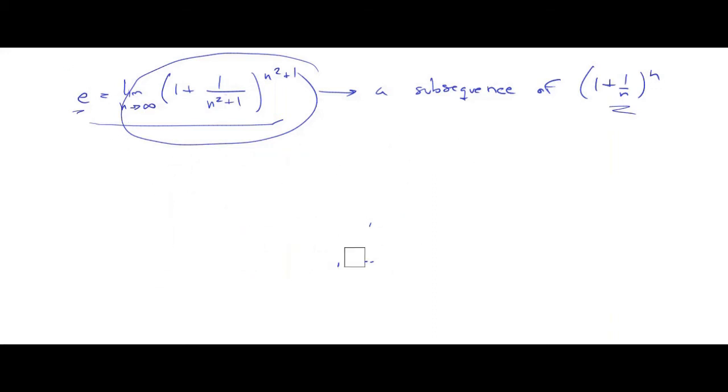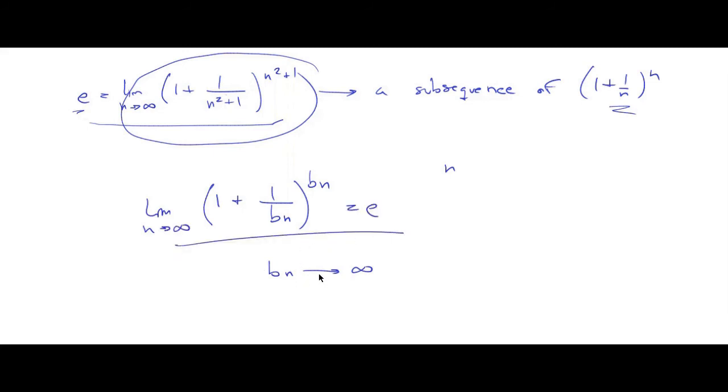Whenever you have something like 1 plus 1 over some function, let's call this b sub n, to the b sub n, and b sub n is a subsequence that is monotonically increasing and divergent to infinity, then this is going to be a subsequence of n, right? So the limit of this is going to be e, as long as this is true.